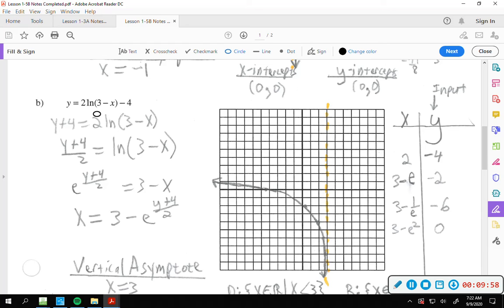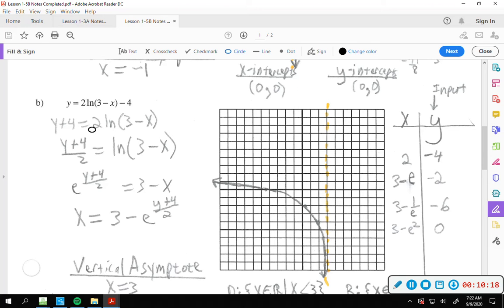And that's going to be true throughout the year. So if we have these other values, like a coefficient in front of the natural log and this number subtracted from it, we have to get these numbers to the other side first. So the first thing I'm going to do is add 4 to both sides of the equation.